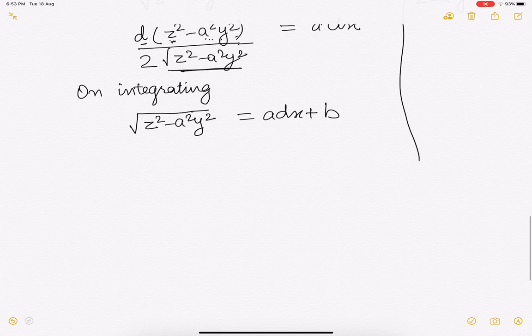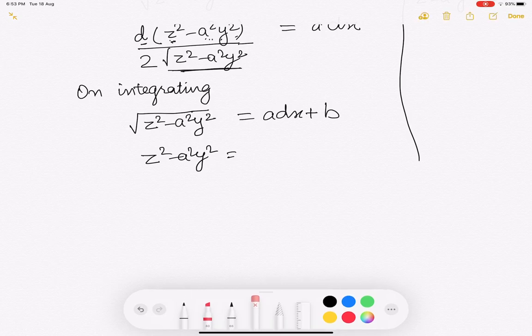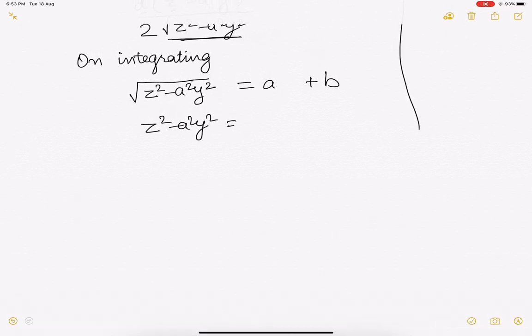Now on squaring we get z square minus a square y square is equal to ax plus b, whole square.